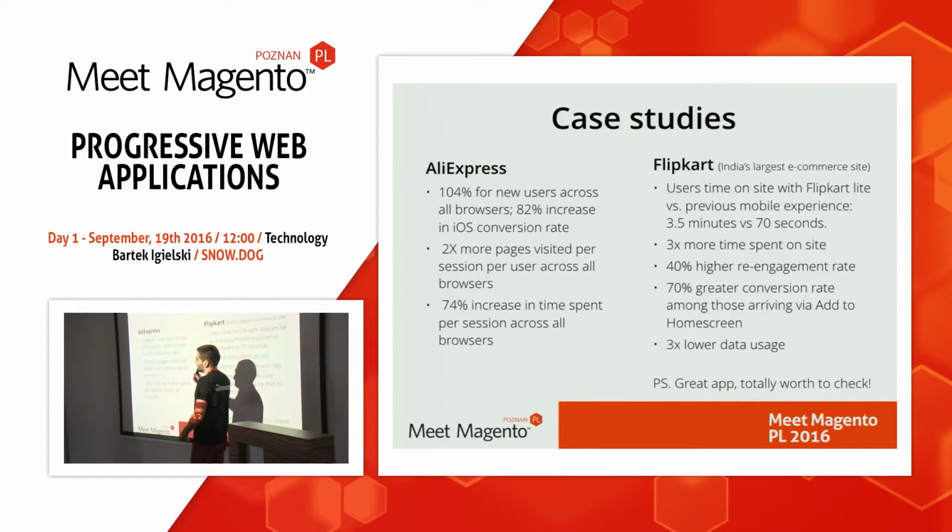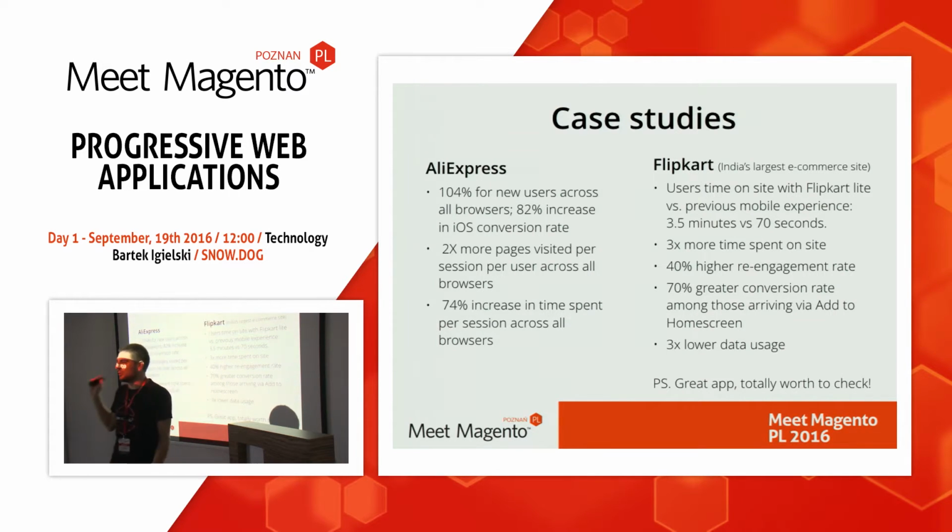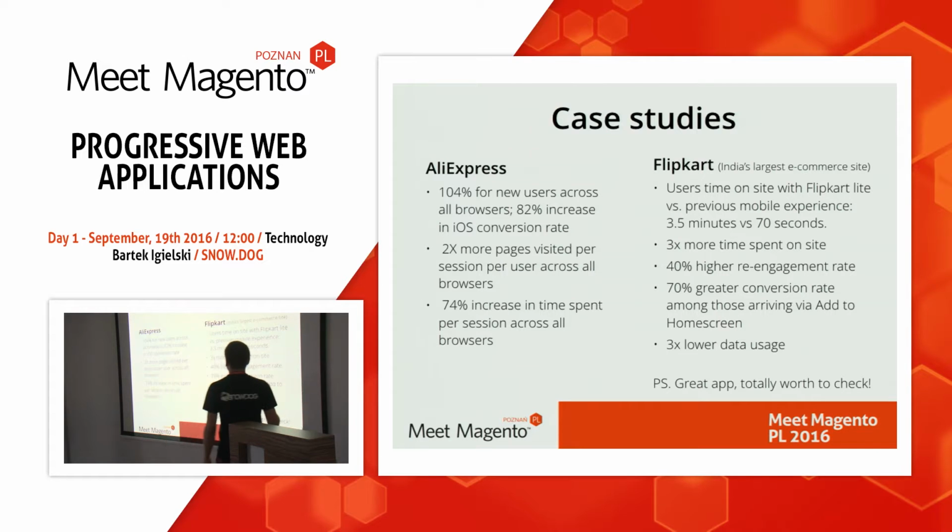So you might be interested in why this is good and how this affects my business. We have a few case studies. The first one will be AliExpress, which may not be the full version of a progressive web application because on the front they have user agent testing, and if you are on mobile, you get a different page than on the desktop.